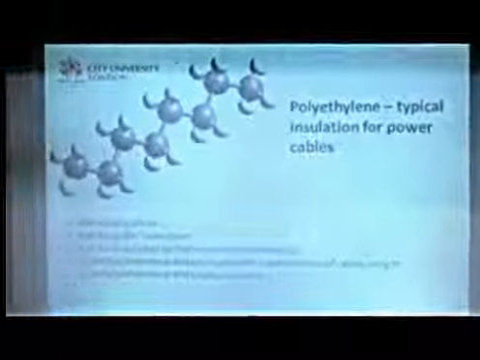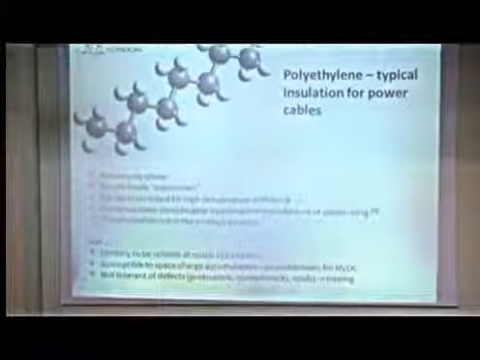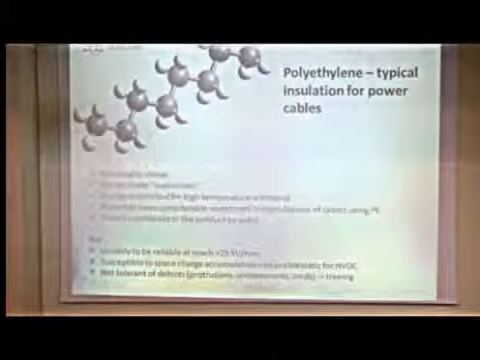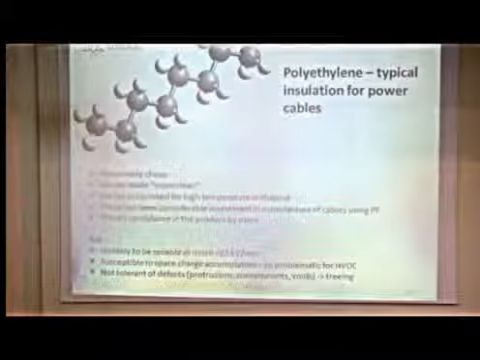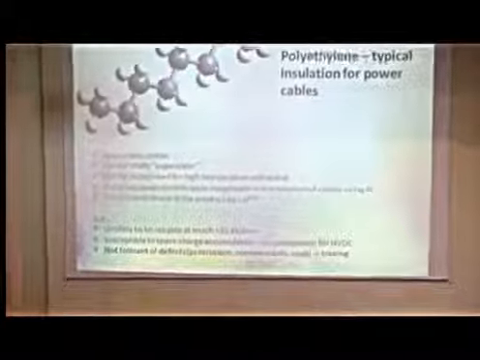It can be cross-linked, and I think that's probably one of the real advantages of using polyethylene. In cross-linking, the chains of the polymer have cross-links which basically form sort of ladder-like formations, so that the chains are linked by other chains that link them together.